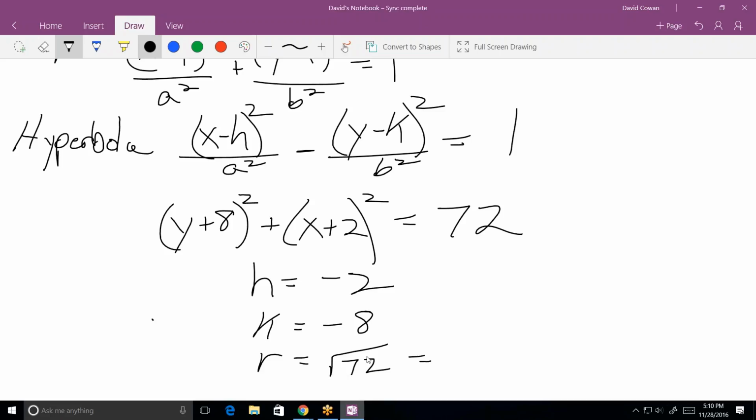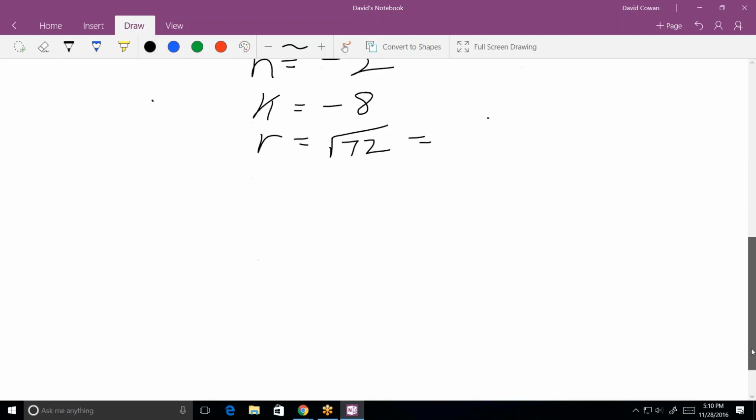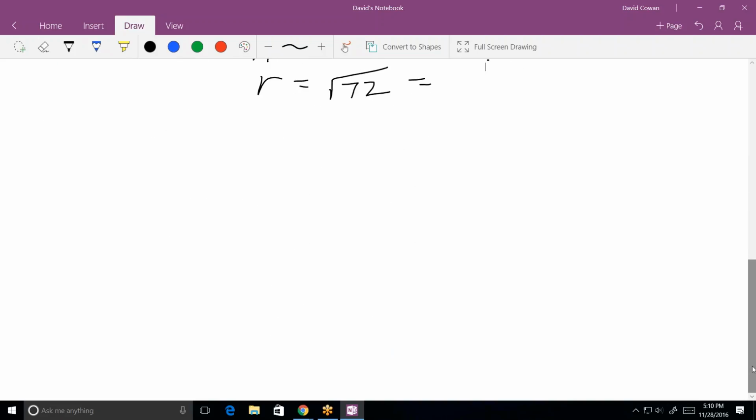When you're looking to reduce radicals, what you want is to find factors where one of the factors is a perfect square number.